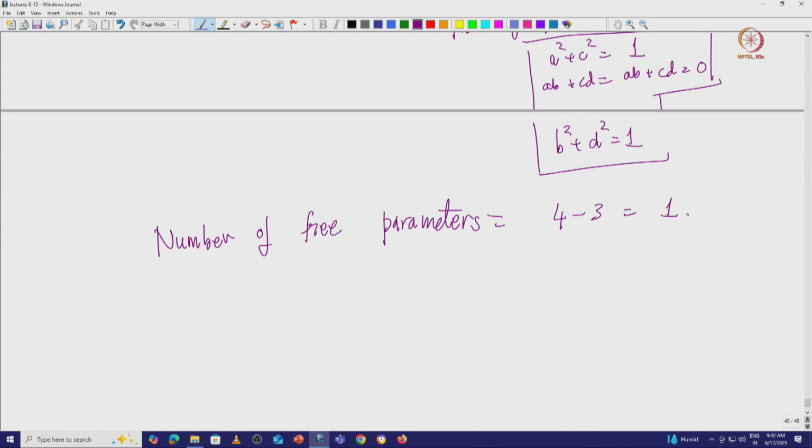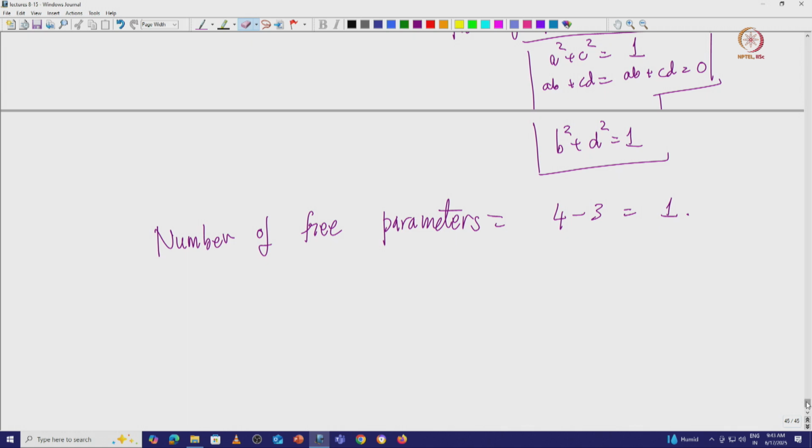In fact, as you will see, one of the exercises, I think, will be based on one of the questions which will be asked in your exams, that the number of free parameters can be generalized to n dimensions. Okay, let me come to n dimensions once. What is this number 1?